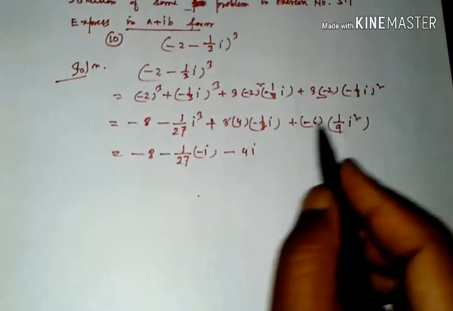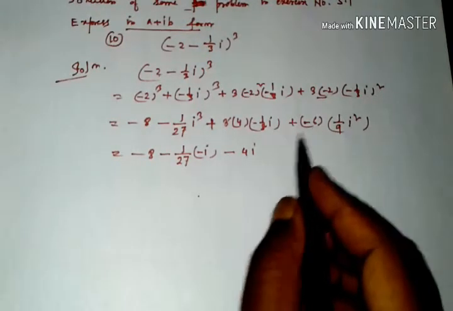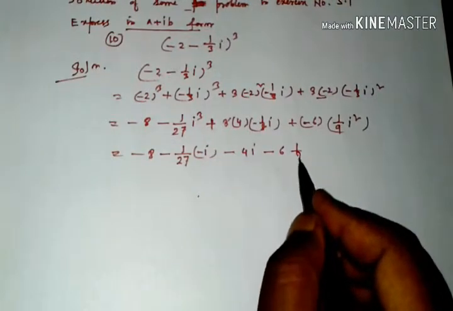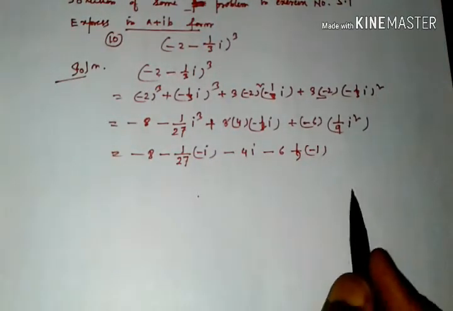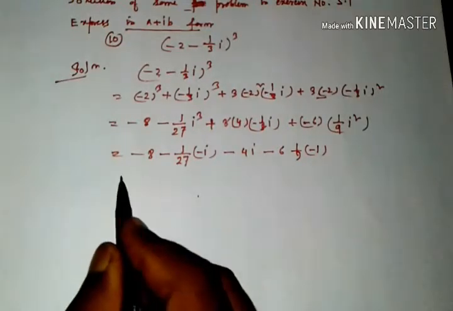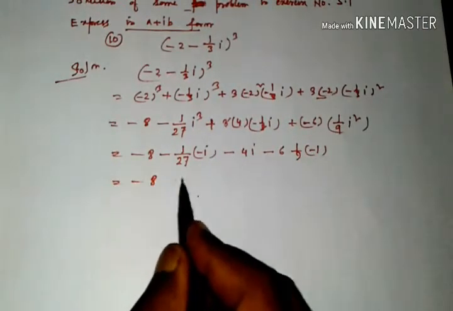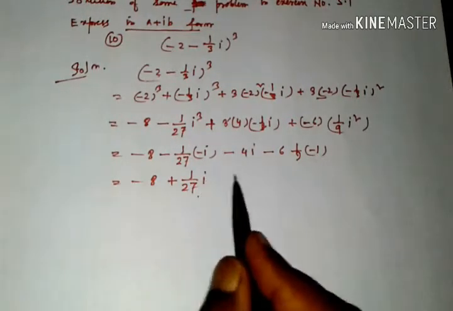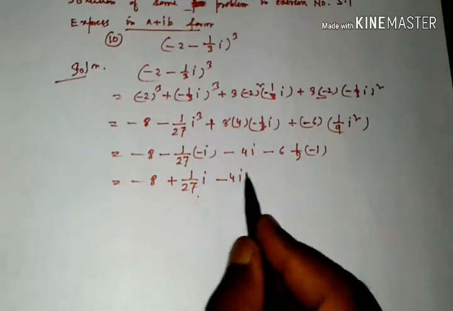This is minus 6, 1 by 9. i square means i square is minus 1. Therefore, minus 8 plus 1 by 27i minus 4i.